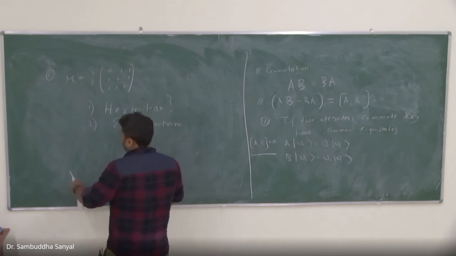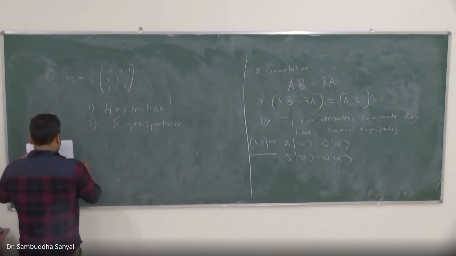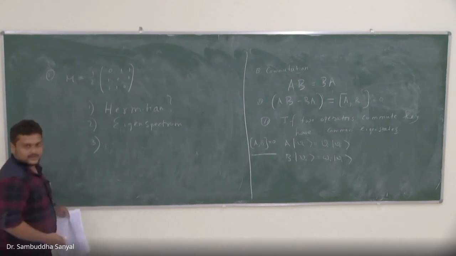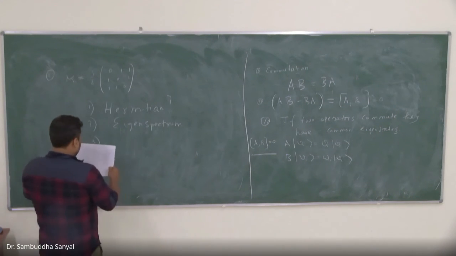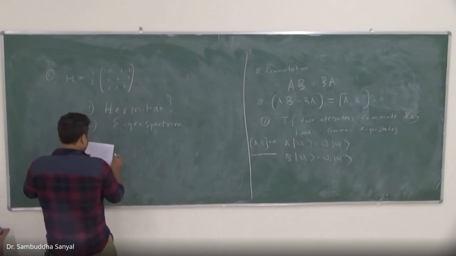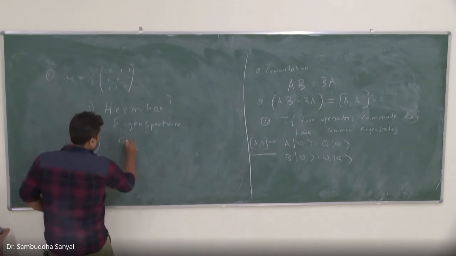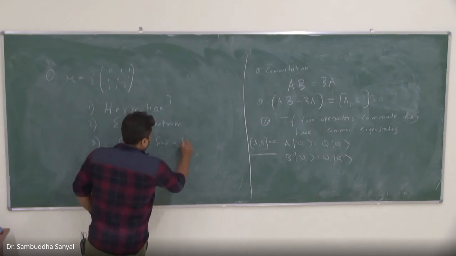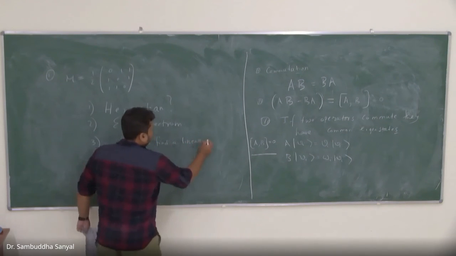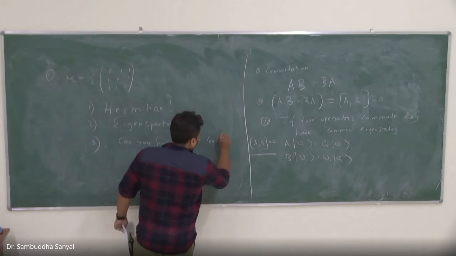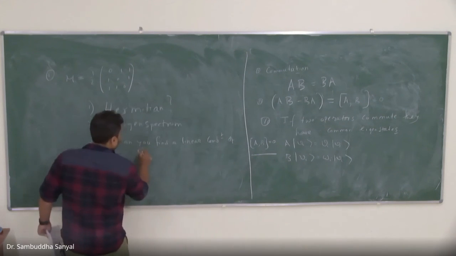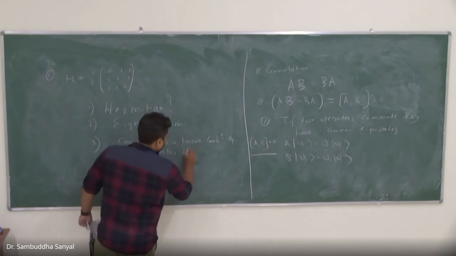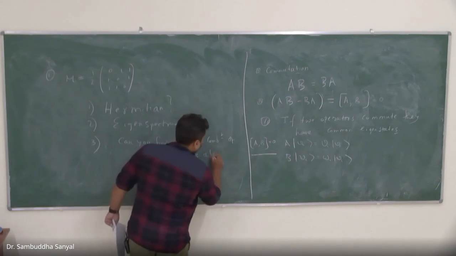So the second task is find the eigenspectrum. And third, eigenspectrum is value and vector, both. So the third one is to see whether you can find a linear combination of eigenvectors that is also an eigenvector.